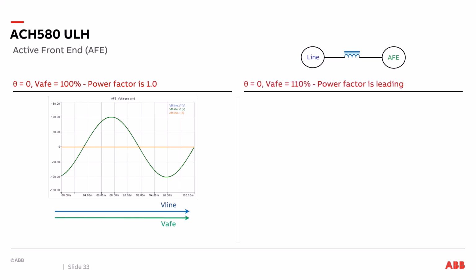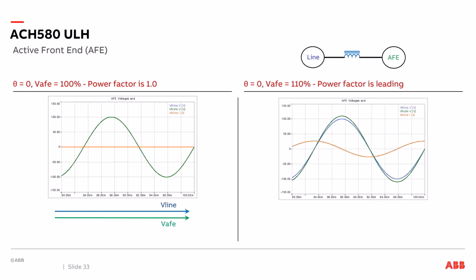Now let's change. We'll leave the phase angle at 0, but we'll bring the voltage of the active front end to 110% of the line voltage. And this means its power factor is leading. So when I look at this, in green is the active front end's voltage, and in blue is the line voltage. They're both in phase with each other, and what we now have is a leading current, shown in orange.